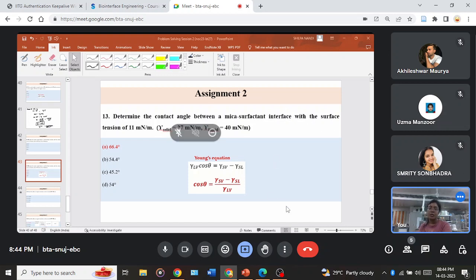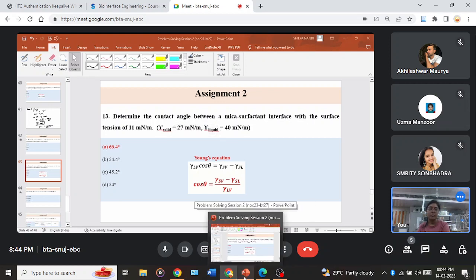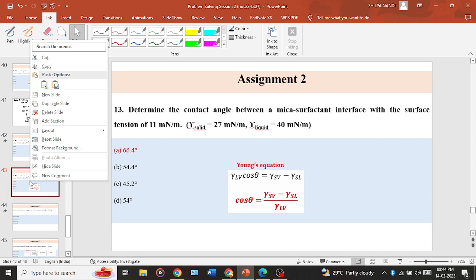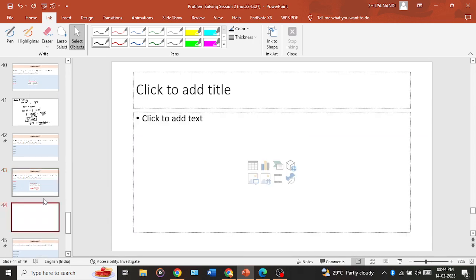Okay. So you have to just use the Young's equation and solve the question. You already have gamma SV, gamma SL and gamma LV. Fine, we'll try to solve this question as well.